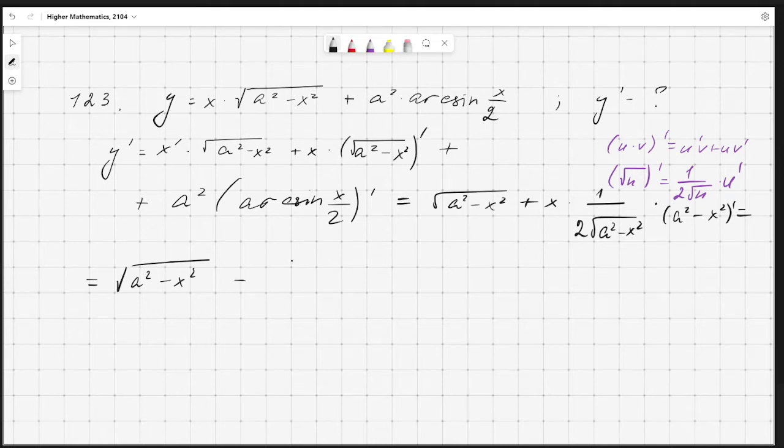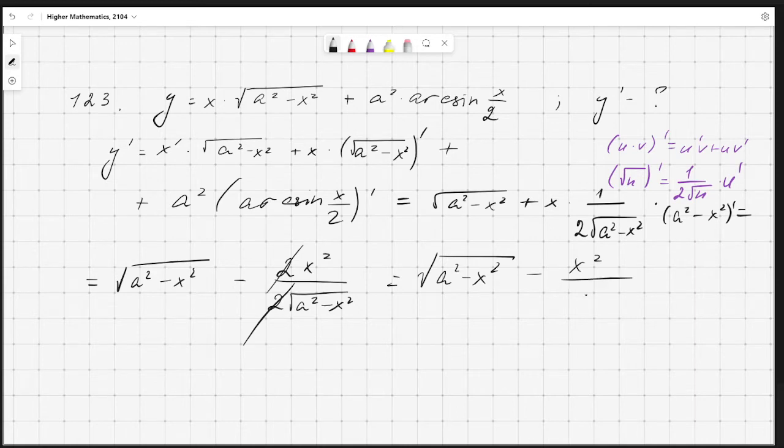We will have minus 2x and this x, minus 2x squared, over 2 square root of a squared minus x squared, delete 2, and we have square root of a squared minus x squared minus x squared over square root of a squared minus x squared.